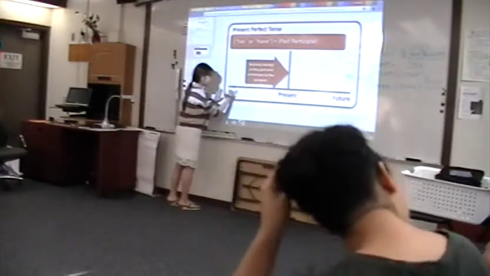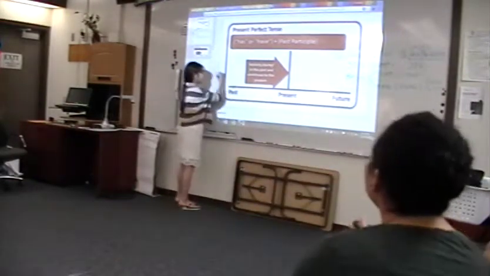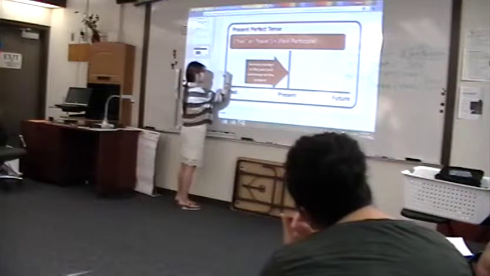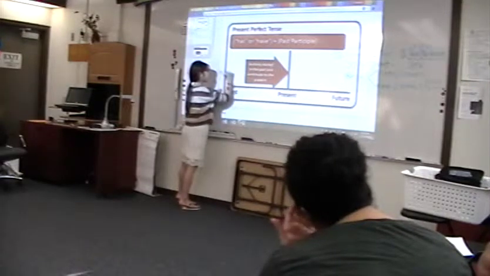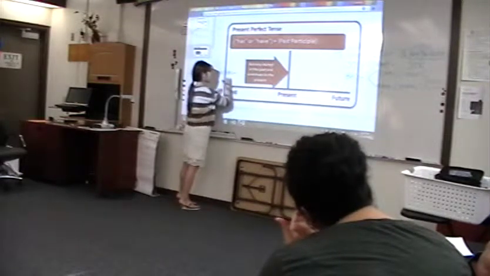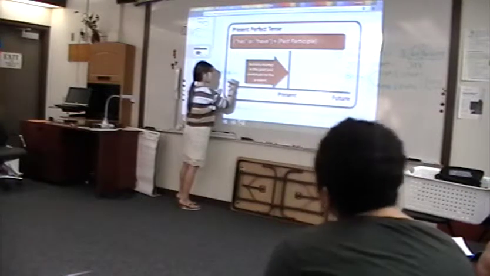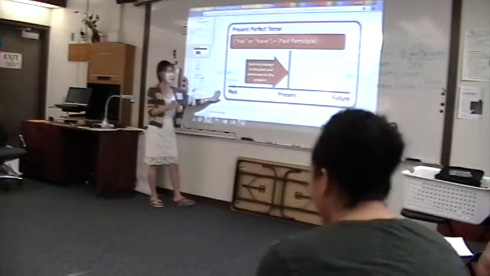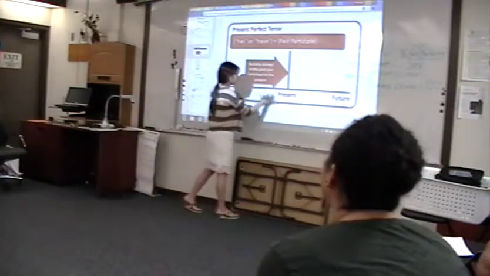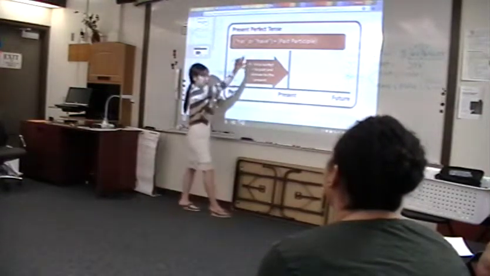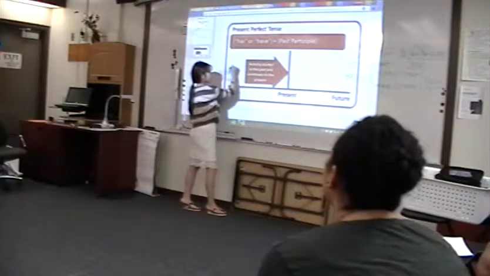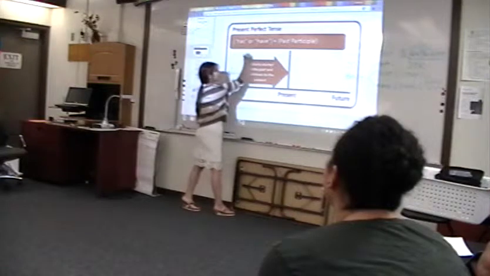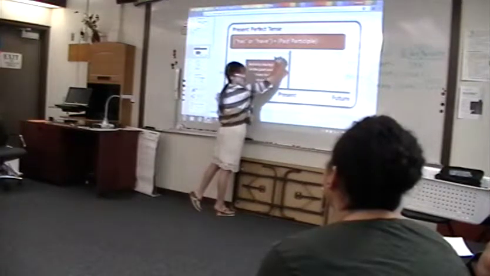So past tense, for example, I did my homework. It's already done in the past, right? But when we use present perfect tense, something that happened in the past is going on until now, up to now.